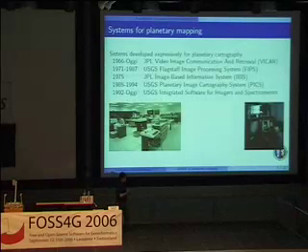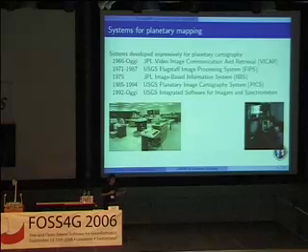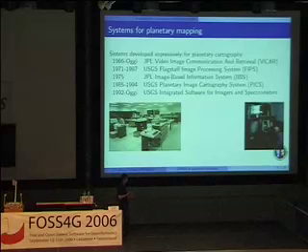So, after seeing PDS, let's see how systems expressly built for planetary cartography have developed through the years. Starting from the 60s, with the Viking missions, JPL developed a VICAR processing system, and then USGS and JPL NASA were the centers of development for planetary mapping systems.